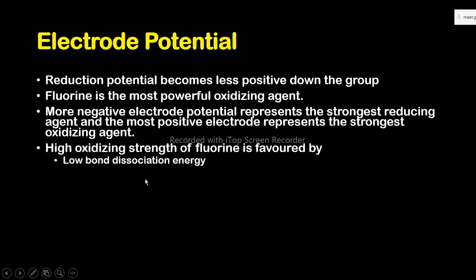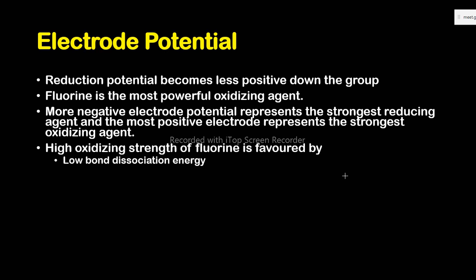Number one, fluorine has a low bond dissociation energy. If you compare two fluorine atoms, since they are small atoms, you may assume the atoms are close together, so the bond is strong and the bond dissociation energy is going to be high.